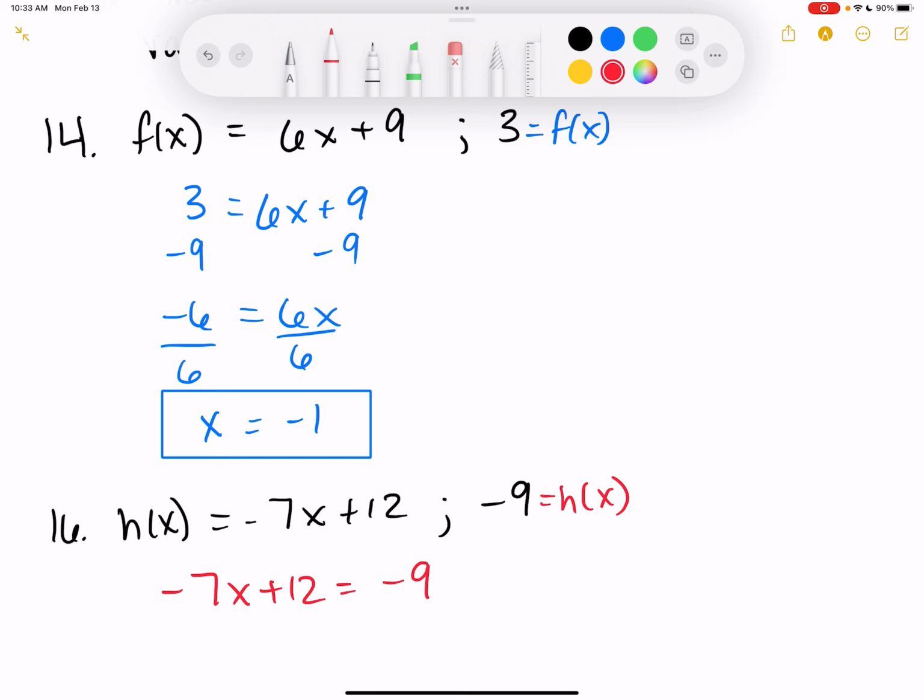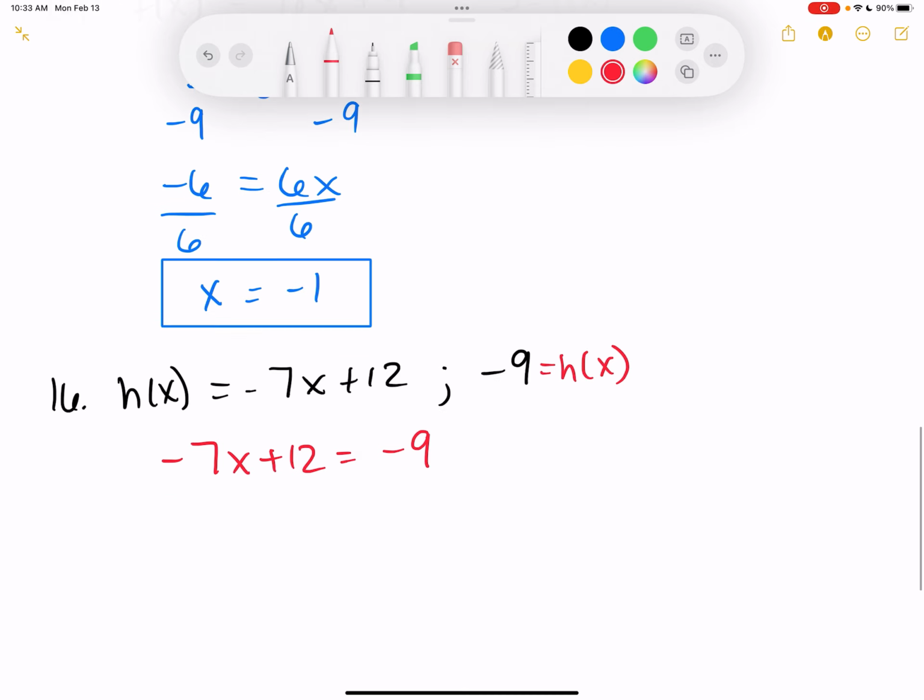So I need to solve for x, so what do I need to do first? Subtract 12. I want x by itself. So negative 7x is equal to negative 9 minus 12 would be what?